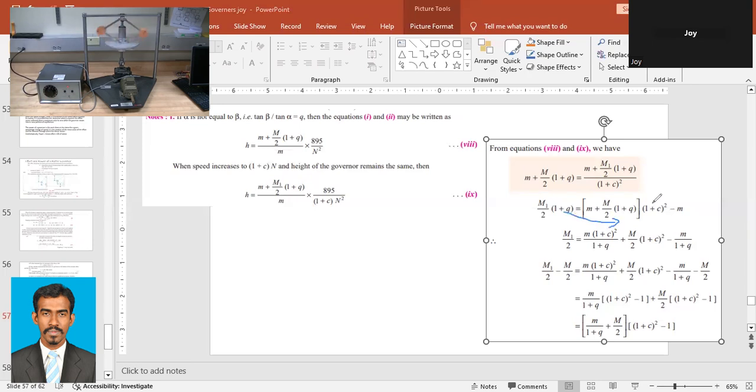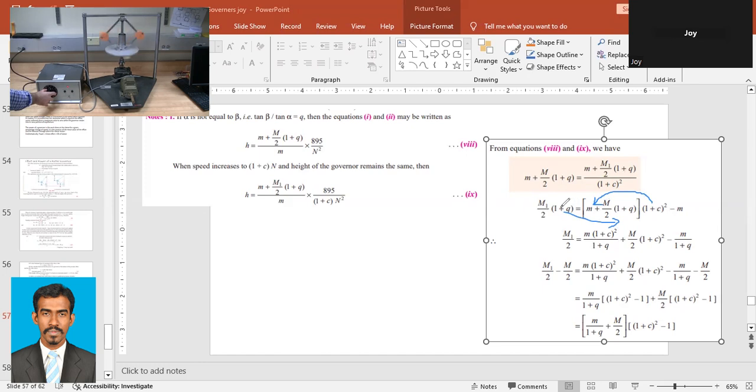This 1 plus c whole squared is going in. So small m into 1 plus c whole squared upon 1 plus q plus capital M by 2 into 1 plus c squared, right? I'm breaking the bracket, so into 1 plus c squared.